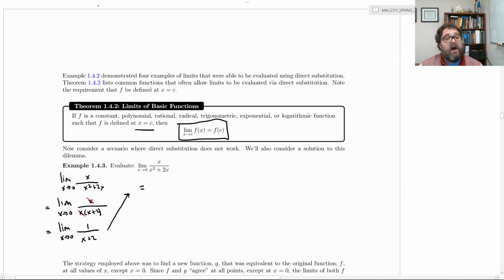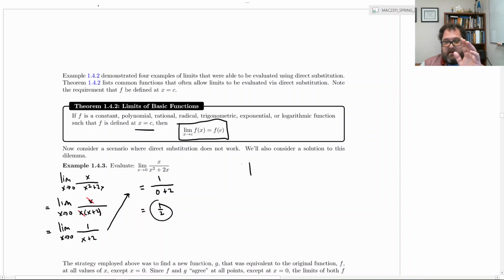No. So now I can actually take the limit by using substitution. And notice when I do that, I'm going to drop the limit notation. So I'm taking the limit, so I drop the limit notation. I get 1 over 0 plus 2, which obviously simplifies to 1/2. Okay? So this is going to be our basic strategy for solving limits analytically.